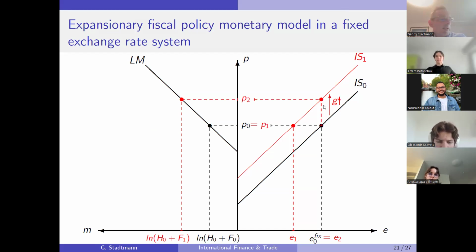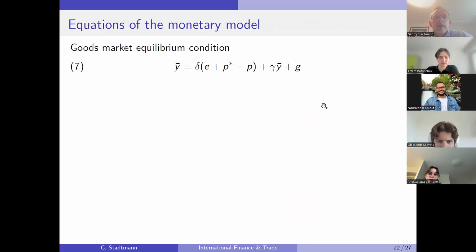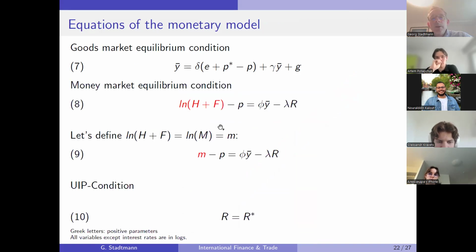We always want to confirm our graphical results by computing multipliers. In order to compute the multiplier, we have to modify the money market equilibrium a little bit. Instead of using the natural log of H plus F, the red part, we can just use money supply.